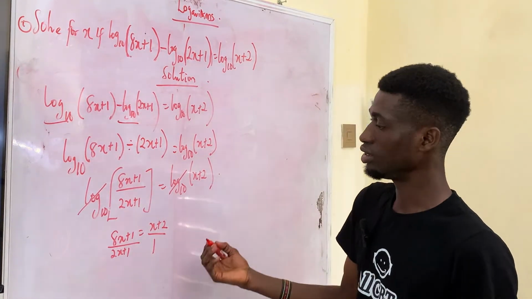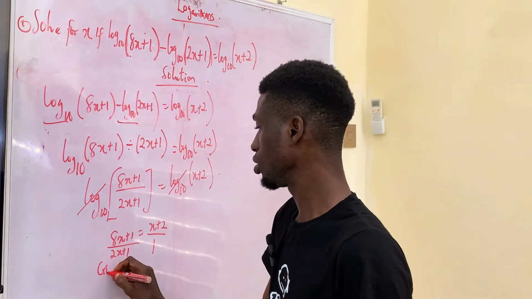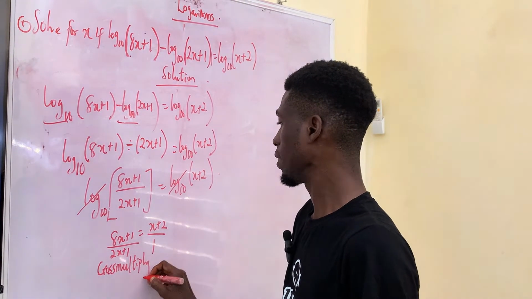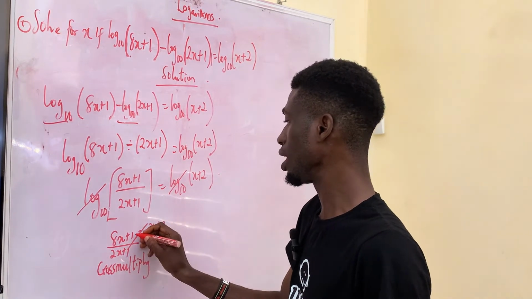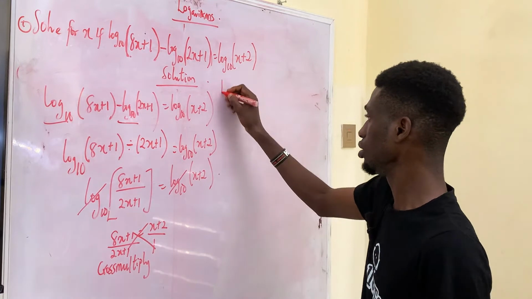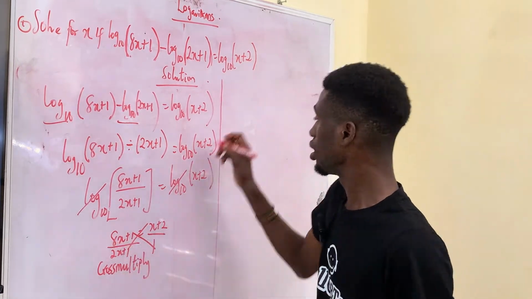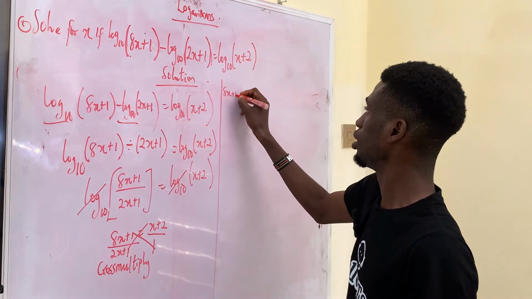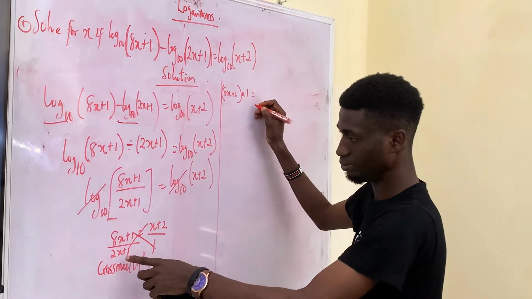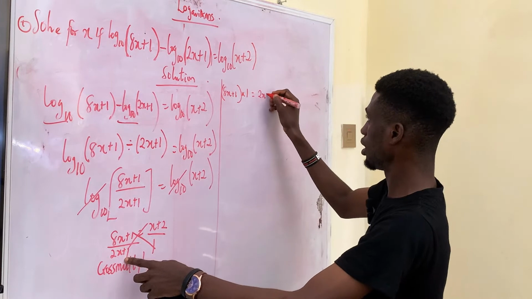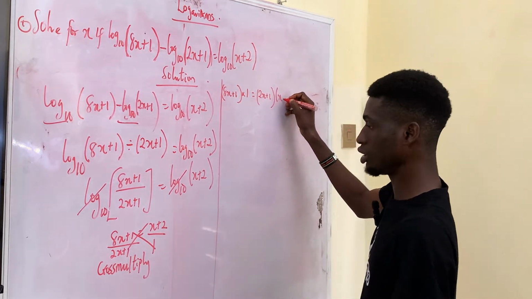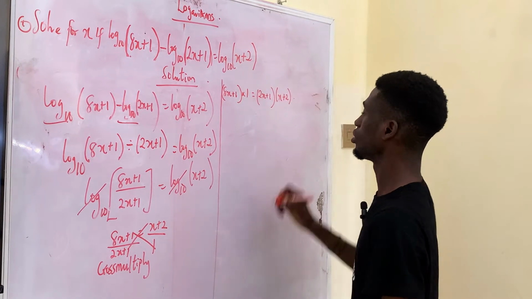So what's the next step we do? First multiply. Meaning that this is going to multiply this, and this is going to multiply this. So we are going to have 8x plus 1 multiplied by 1 equals 2x plus 1 multiplied by x plus 2.